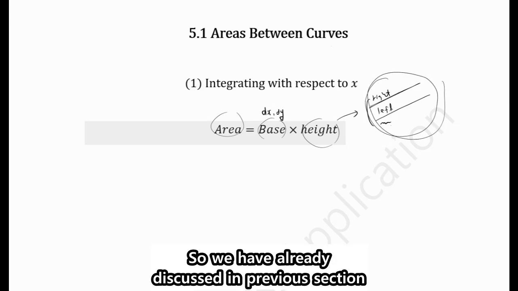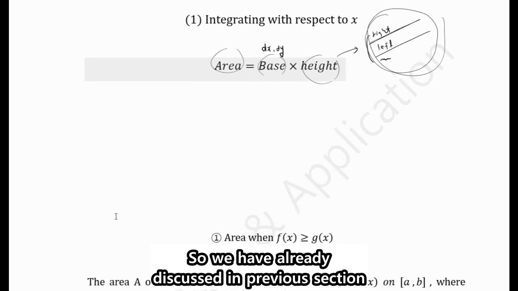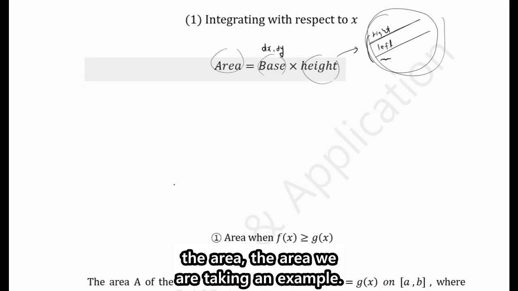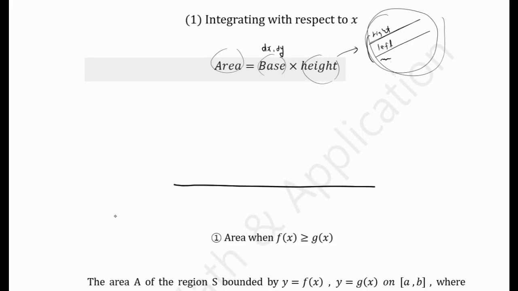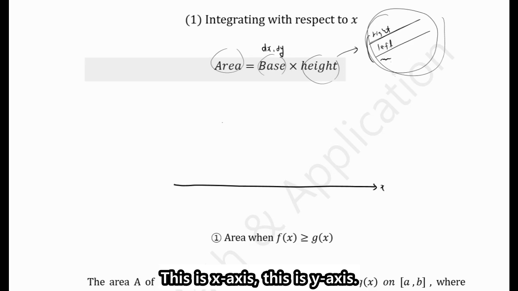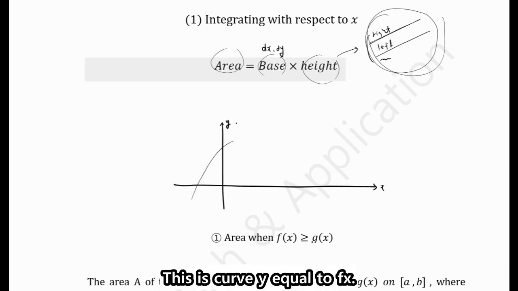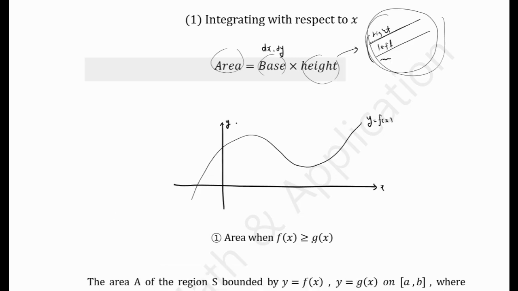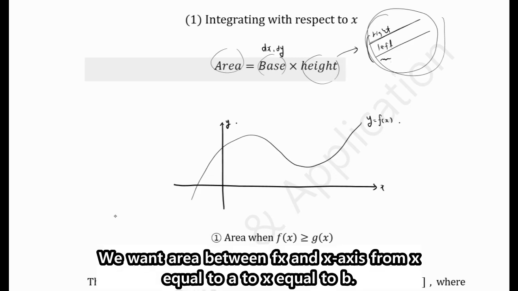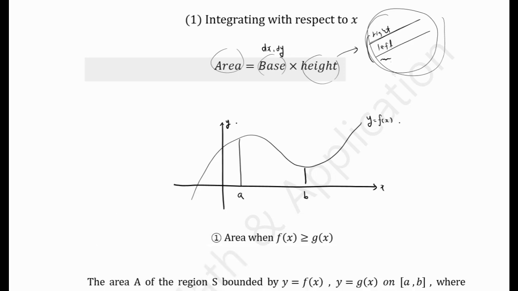We have already discussed the area in the previous section, so I take an example. This is the x-axis, this is the y-axis. This is the curve y equals f(x). We want the area between f(x) and the x-axis from x equals a to x equals b.